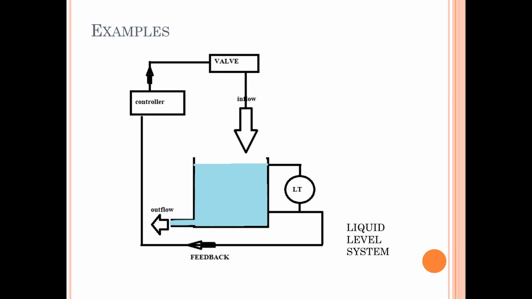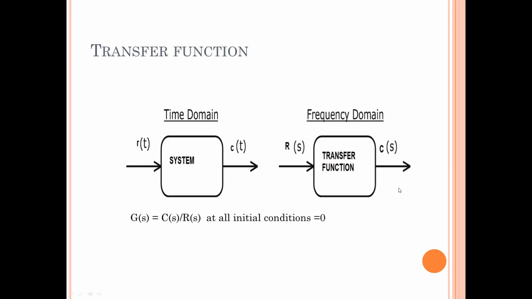And if the difference, positive or negative, between the reference input and the control variable exists, then the controller takes the necessary action to either increase or decrease the valve opening as per the case. So this is an example of a liquid level system.